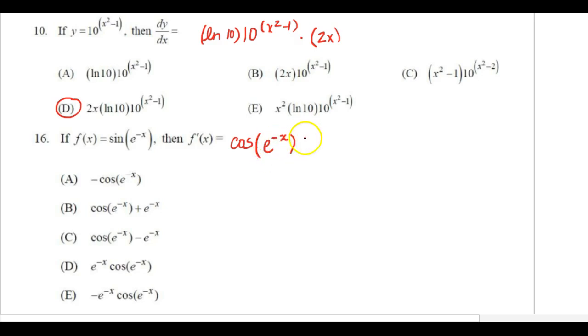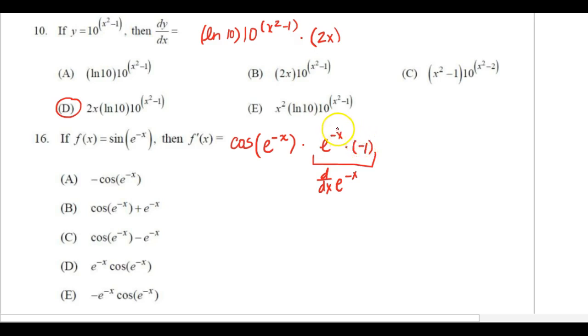of e to the negative x times, and then remember what goes here is the derivative of e to the negative x, which is its own chain rule, because this is a negative x here, right? It's not just an x. So this derivative is not just e to the negative x, it's e to the negative x times negative 1.